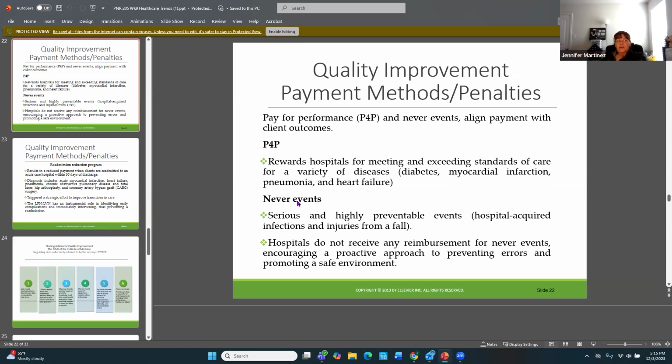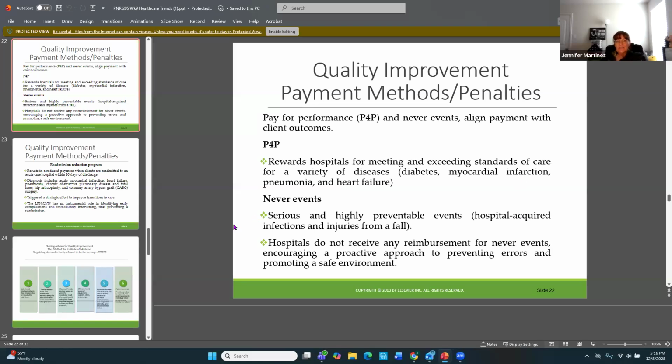Again, like I said earlier, it's more about the quality of the care versus the quantity of care. If you can go into that client's room 50 times, but they don't feel like they're getting quality care, that's going to reduce your reimbursement.